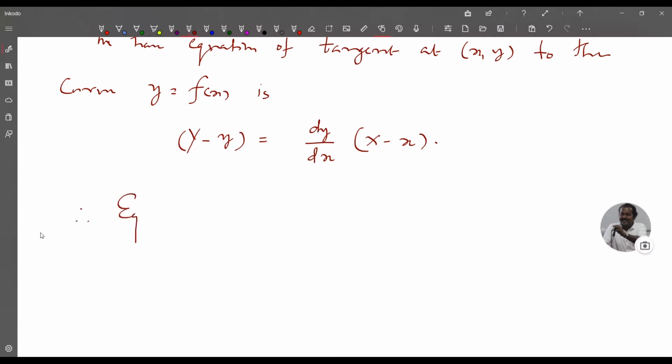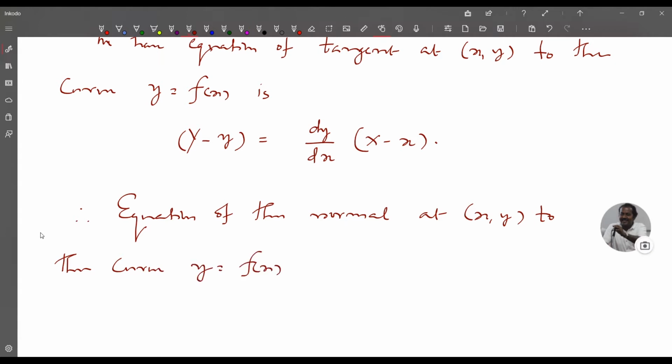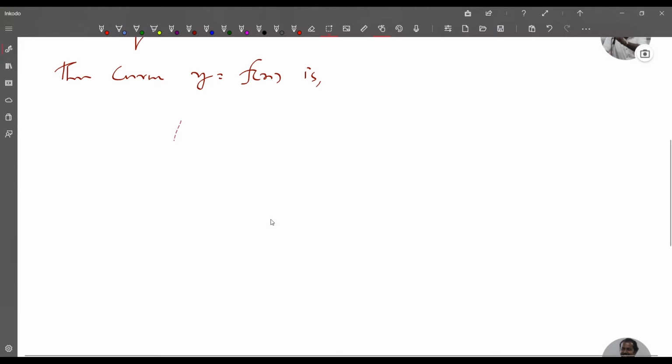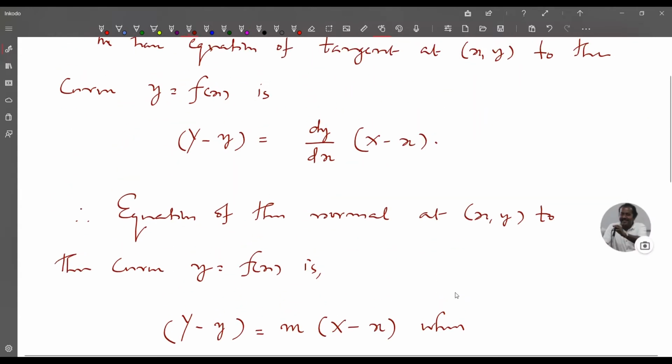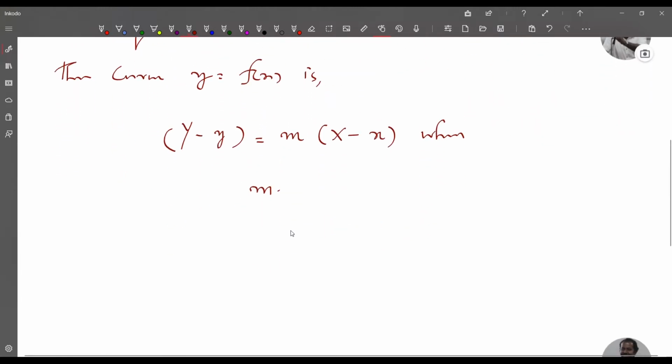Therefore, the equation of the normal at (x, y) to the curve y equal to f of x is y minus little y equal to some m into x minus little x, where m into slope of the tangent at (x, y), so that is m into dy by dx equal to minus 1.